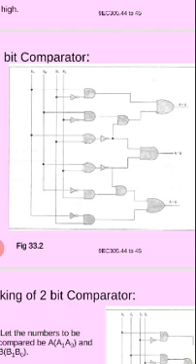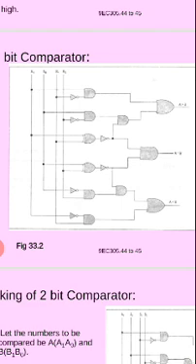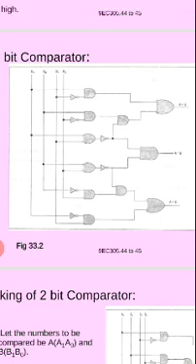For A less than B, an OR gate is provided. For the first OR gate, inputs are from the first AND gate output and the next AND gate output is given to the OR gate.